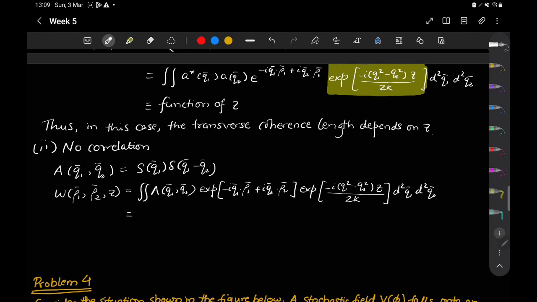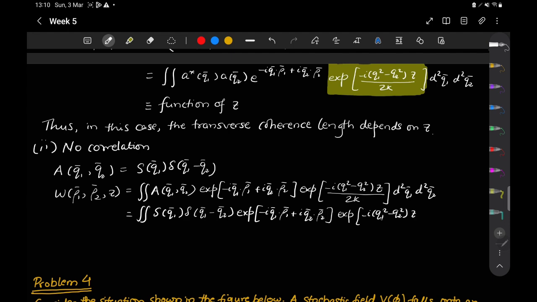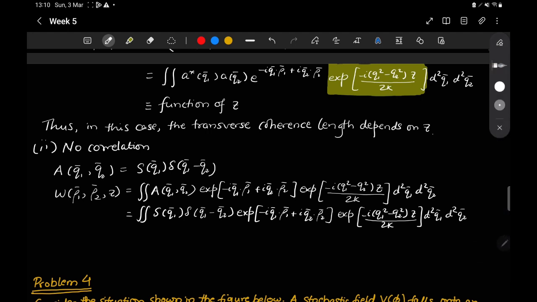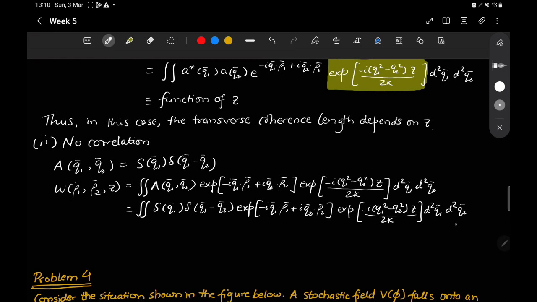now plugging in the expression for A, now because of this delta function and integral over q1 q2, what we get is q1 equals q2.